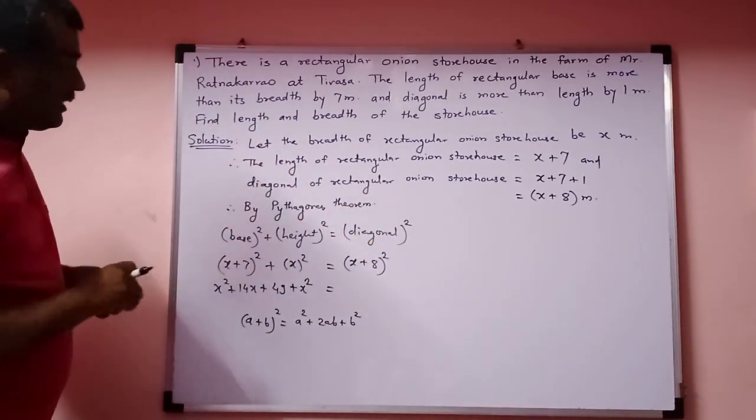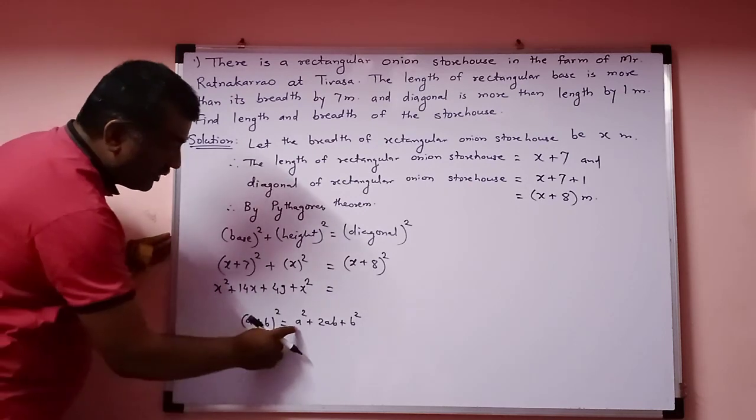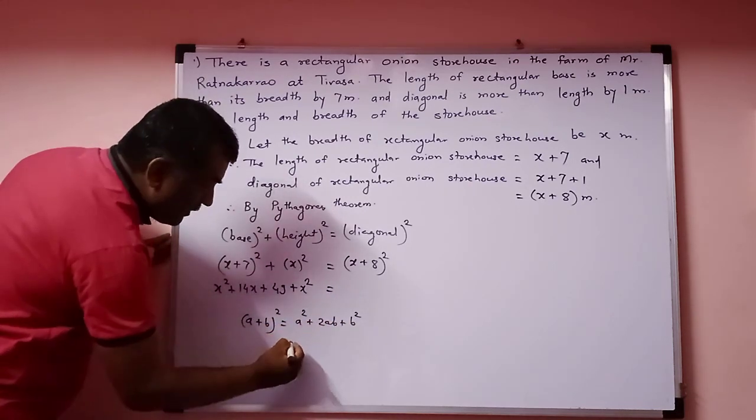(x plus 8) whole square is in the form of (a plus b) whole square is equal to a square plus 2ab plus b square.